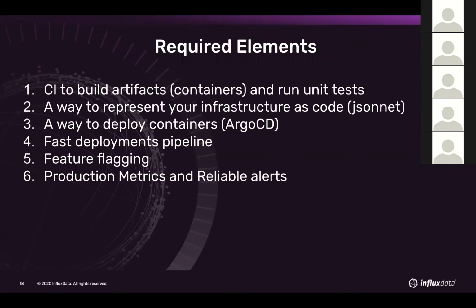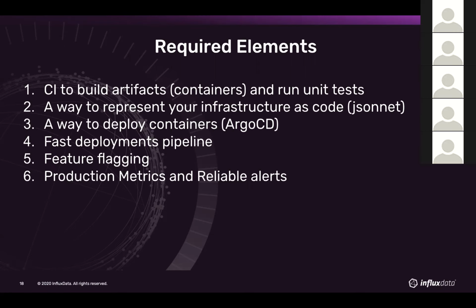Again, you need a way to represent your infrastructure as code. We use Jsonnet, which I'll talk a little bit about later. But if you're not doing infrastructure as code yet, that's a clear requirement. You need an automatic way to deploy those containers. A lot of people roll their own, which I wouldn't say not to do.